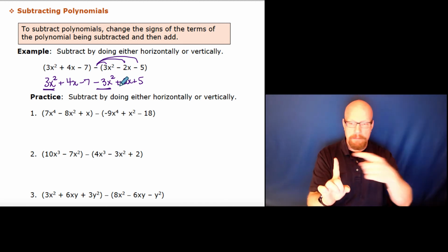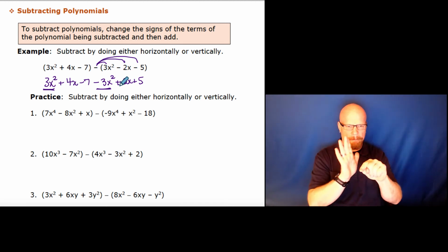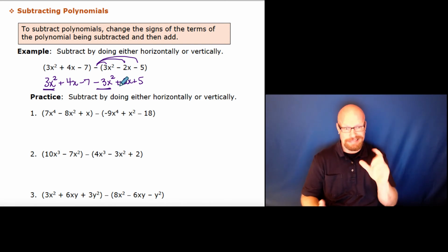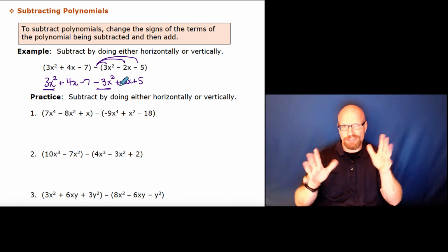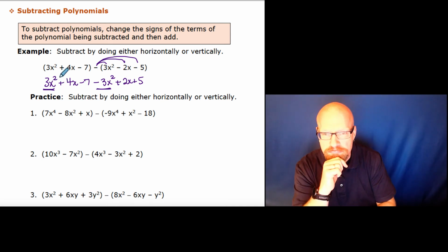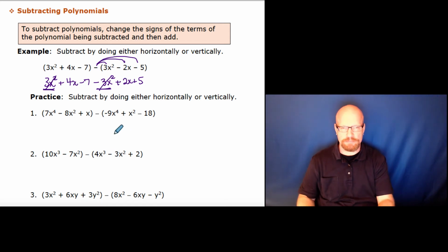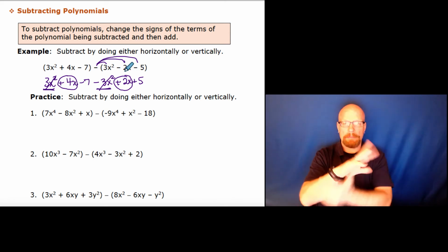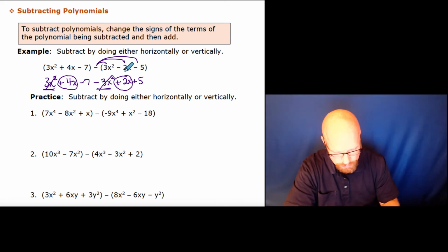Those two terms, positive 3x squared minus 3x squared, is 0. What do we do? It's just 0. We don't have to write anything. We can just cancel them out. Now, the next matching terms, they're like terms. Okay, we can combine those. 4x plus 2x is 6x.